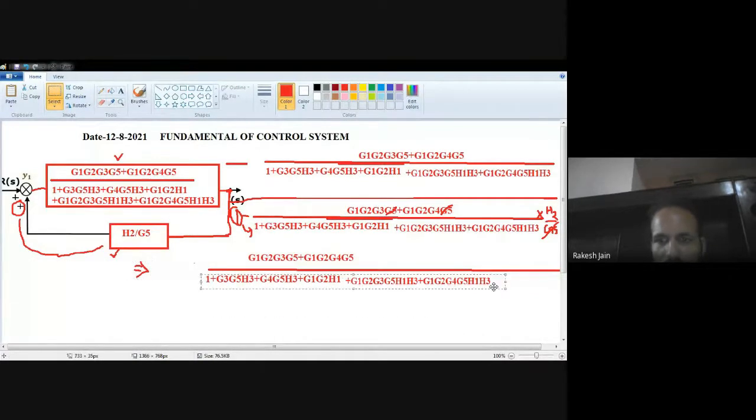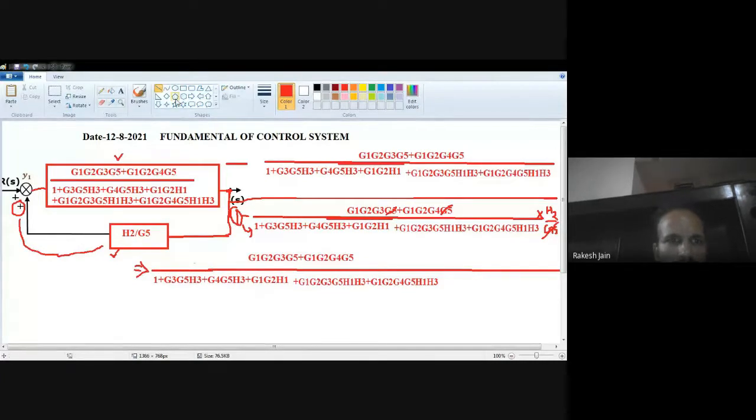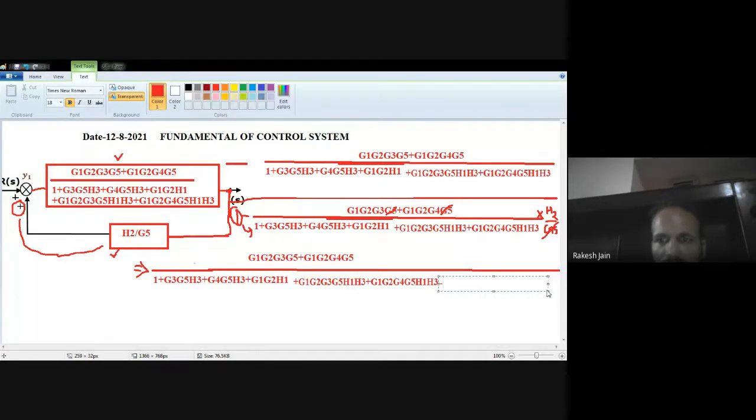Now it will be my final answer, so kindly have patience. After the minus sign, after taking the LCM that is multiplied by 1, G1 G2 G3 will be multiplied by S2.